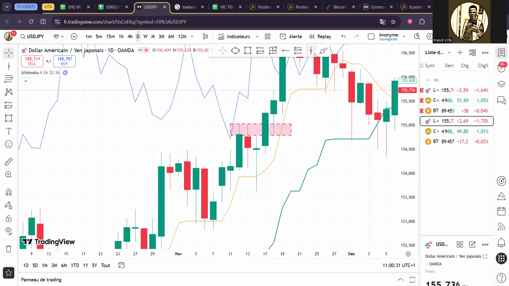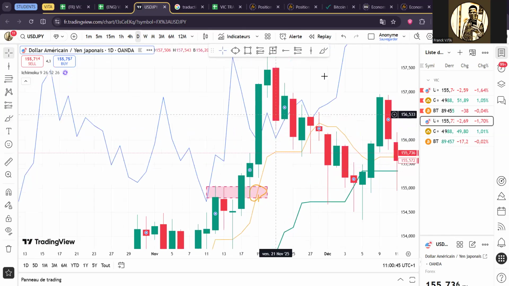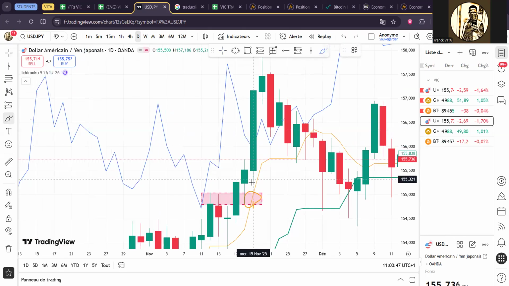When Tenkan got inside this zone of the wick of the resistance, the VRS, I call this VRS. Tenkan got inside here. You see this candle. Here is the candle that got in.